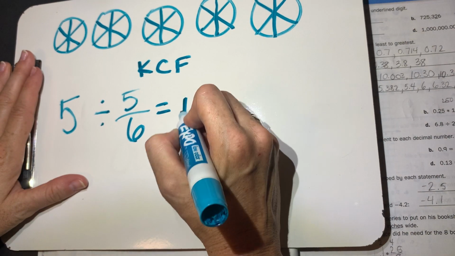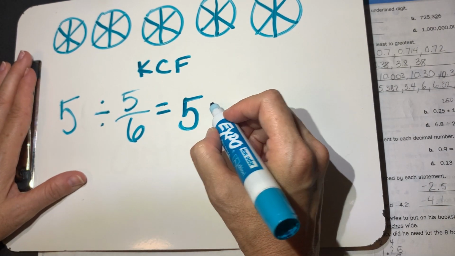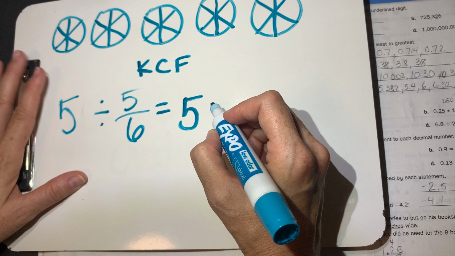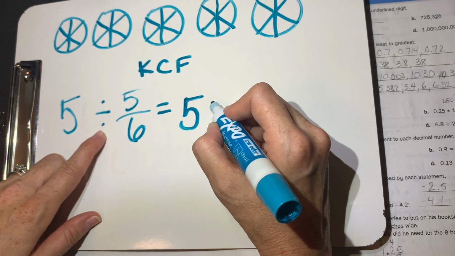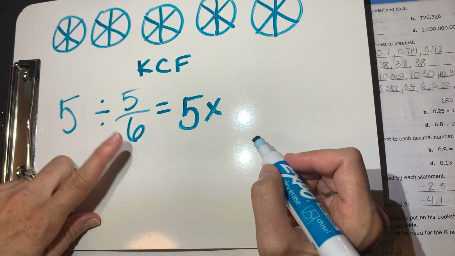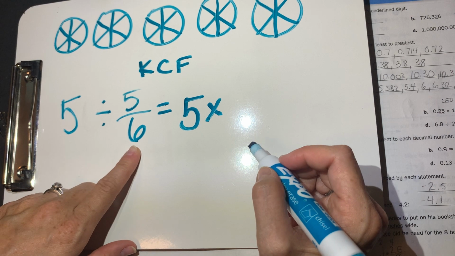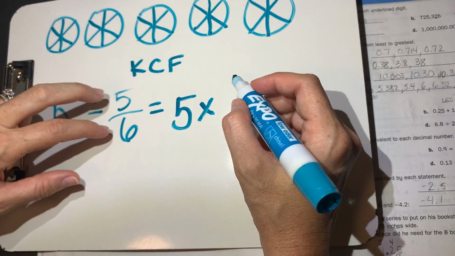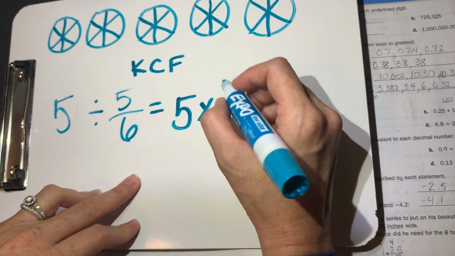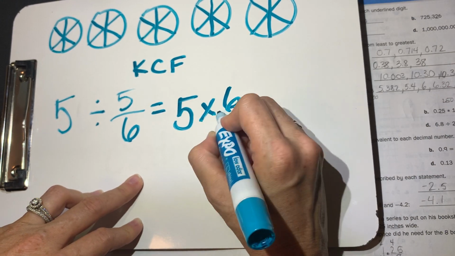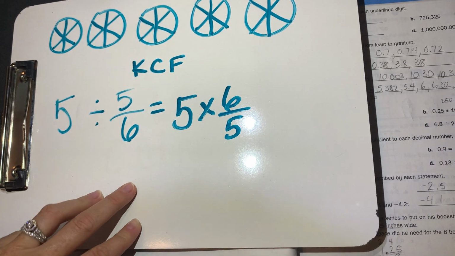Keep the 5, yep. Then change what? Change it into multiplication, and then flip the fraction, do the reciprocal, so then it becomes 6/5.